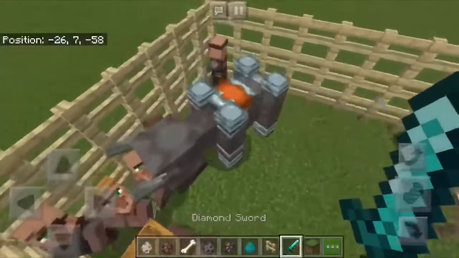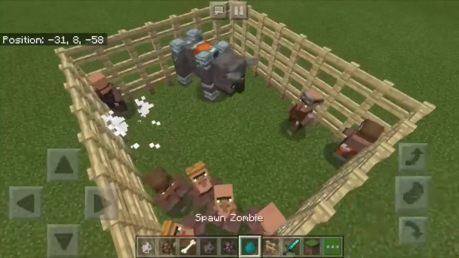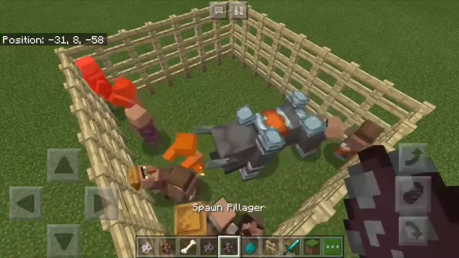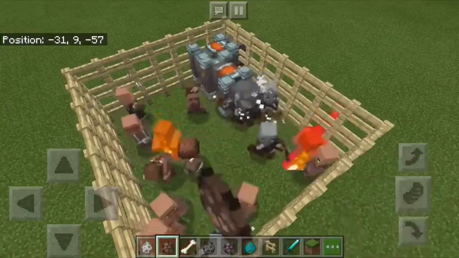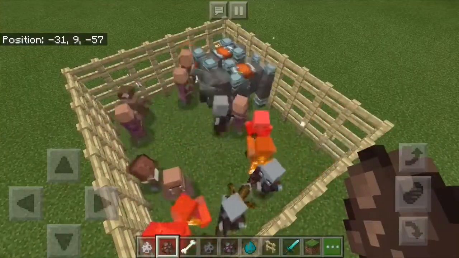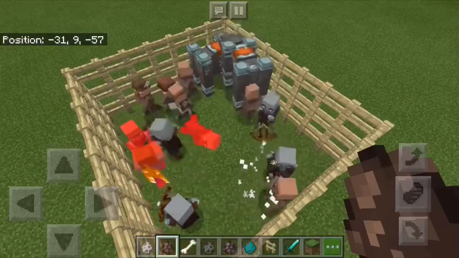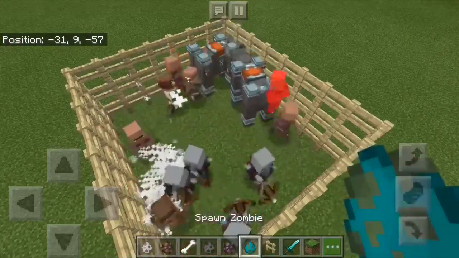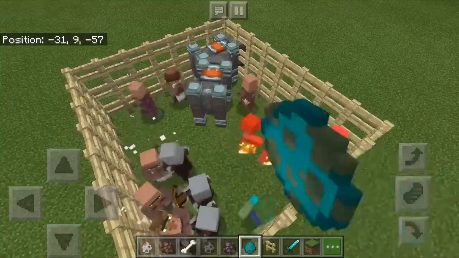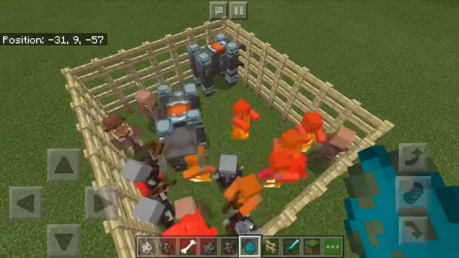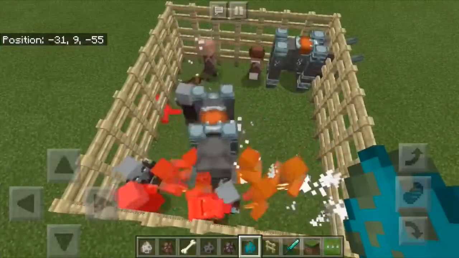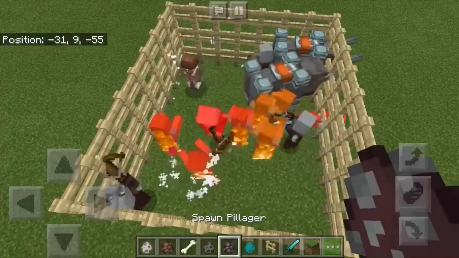Then of course the ravager kills villagers. So if we put all of them in here, there's absolute havoc in here, because it's not just the one thing that kills the things in order. They're just all killing off one another.